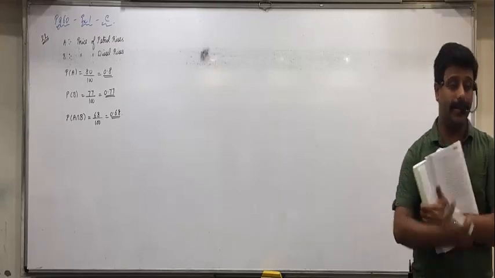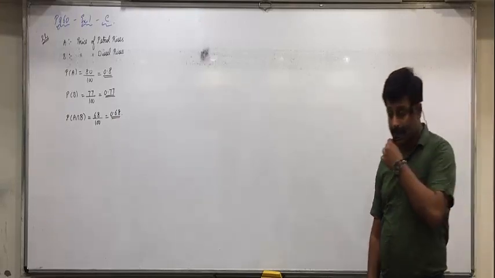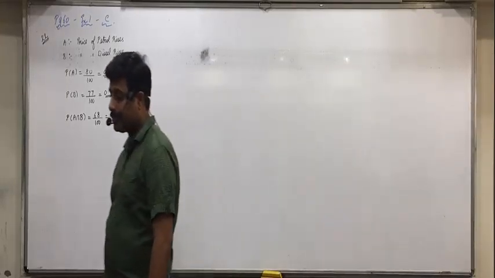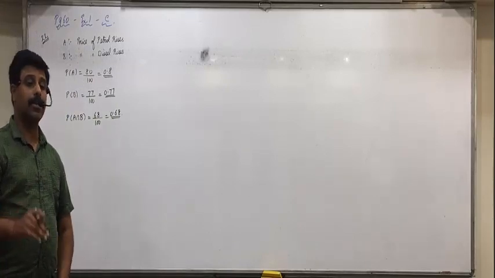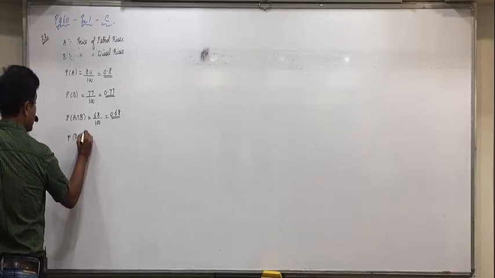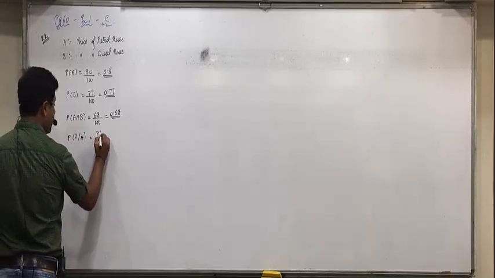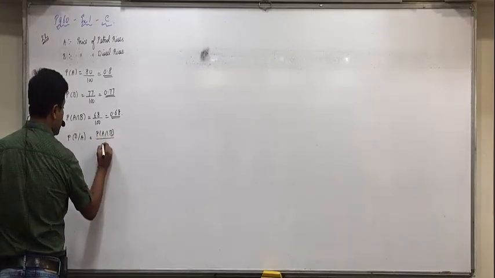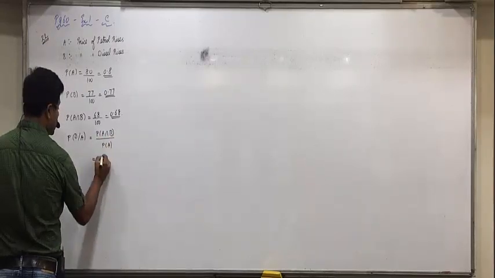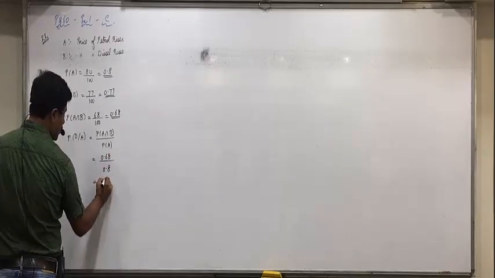Thus the probability that the price of diesel rises under the condition that the price of petrol rises, that is equal to P of B given A. So P of A intersection B upon P of A, 0.68 upon 0.8, 0.85.